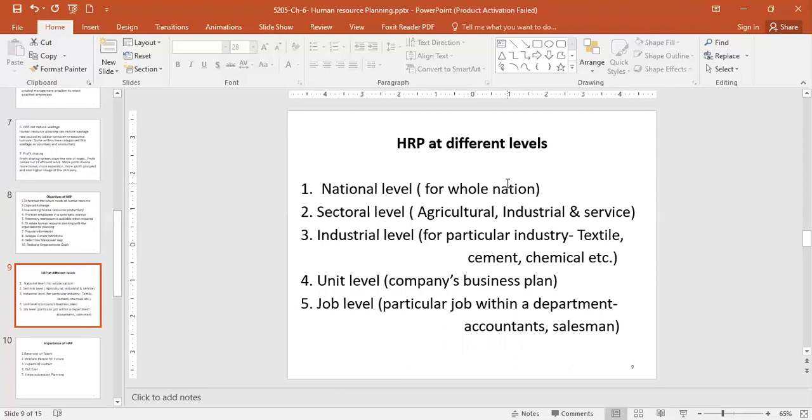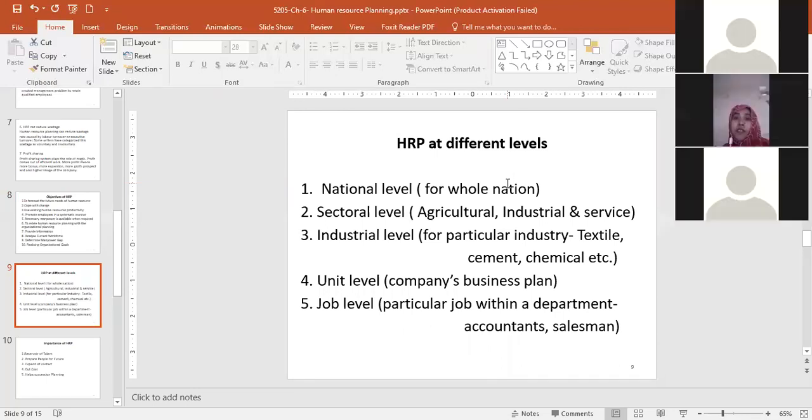Can anyone tell me how many levels there are? Four levels, five levels? Five. Okay. What are they?